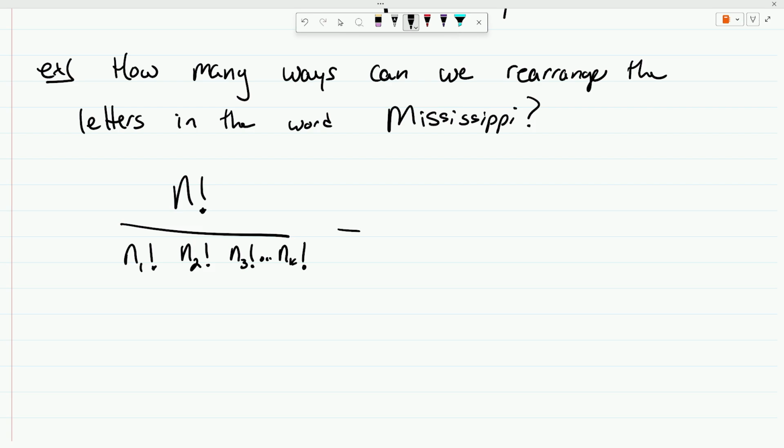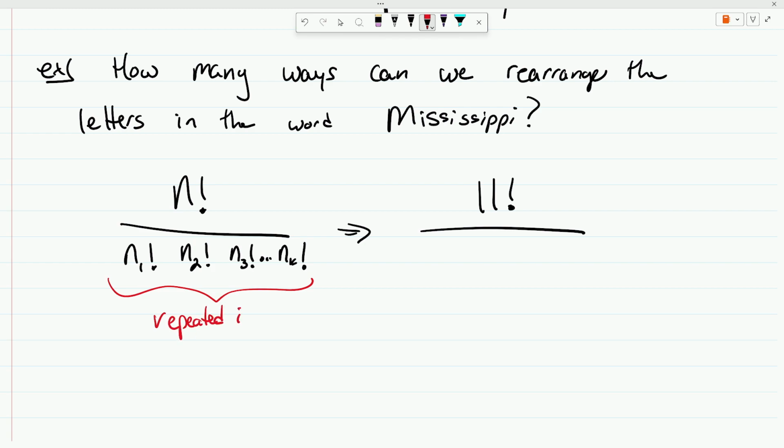So we have a total of 11 letters inside the word Mississippi. Now, in the denominator, you put the repeated items. So, for example, n1 will be the letter S. So how many letter S's do we have? Well, we have 4 of them. So that would be 4 factorial.